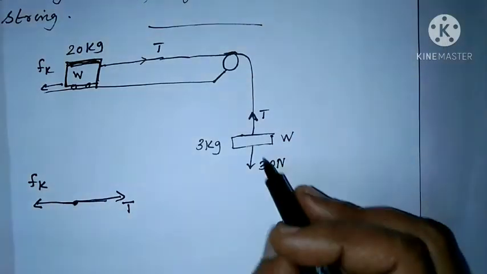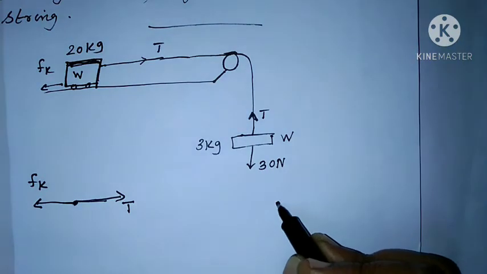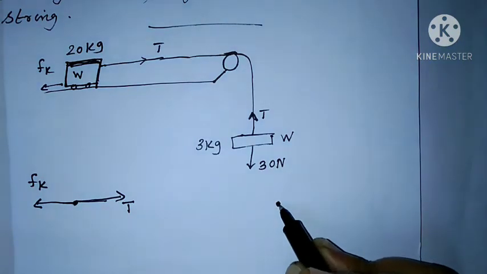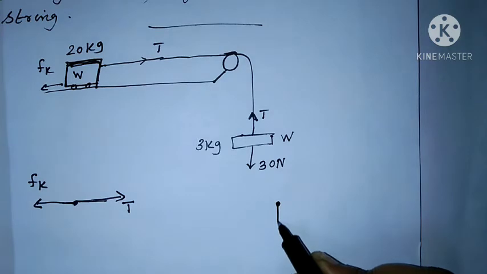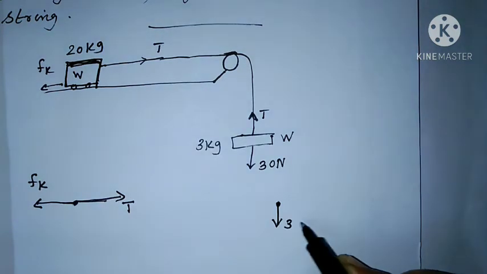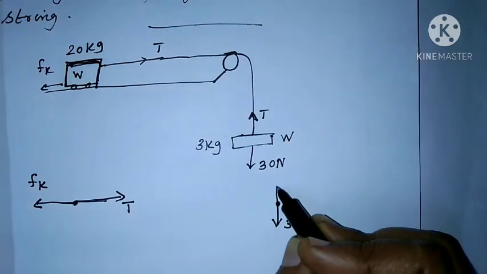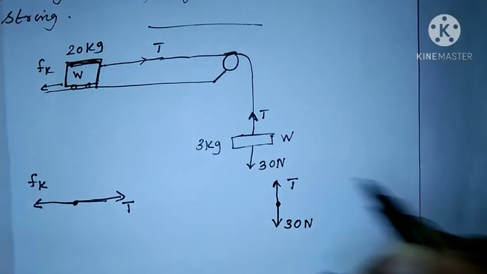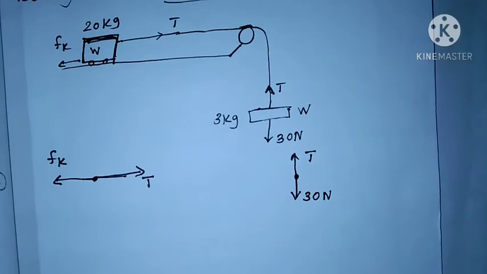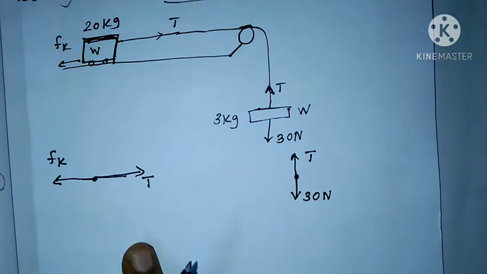Similarly, for the block, the mass is noted as a point, the weight is noted as 30 Newton, and the tension in the upward direction is T. Then we apply the second law to both the trolley and the block.